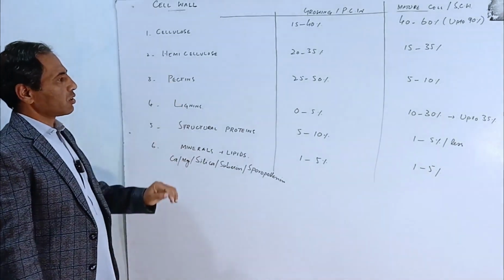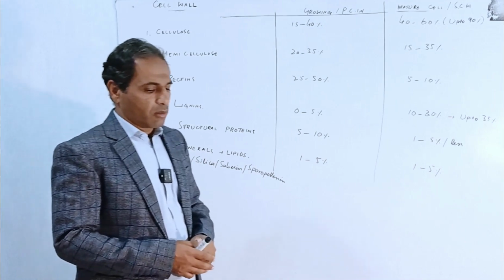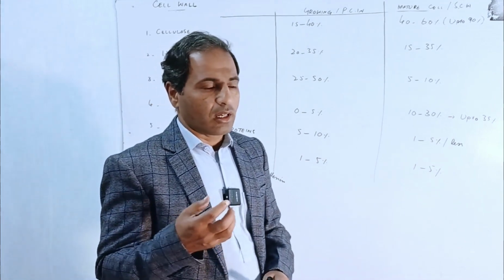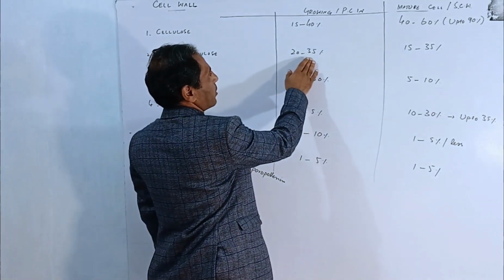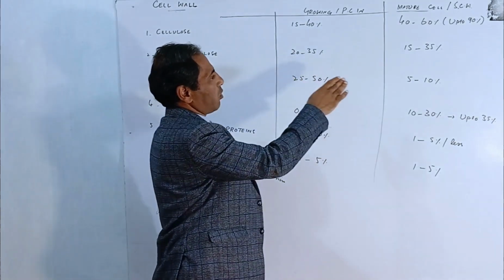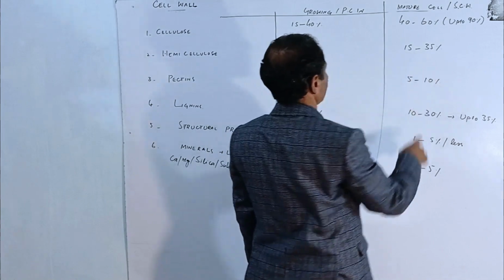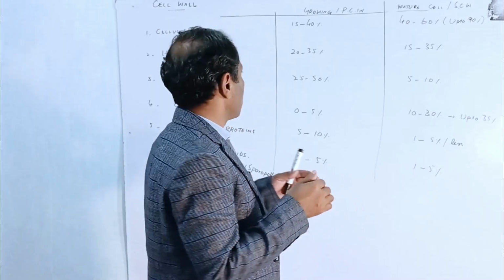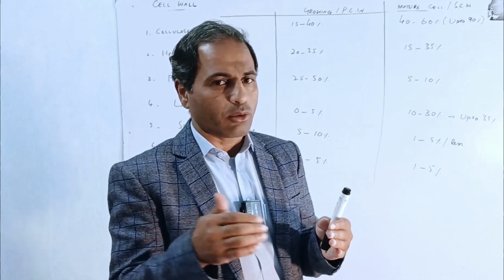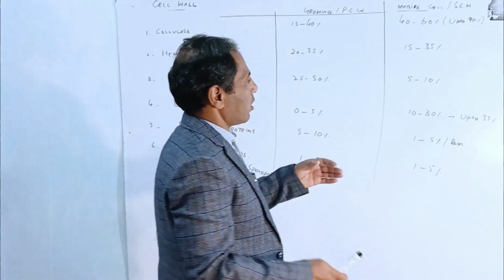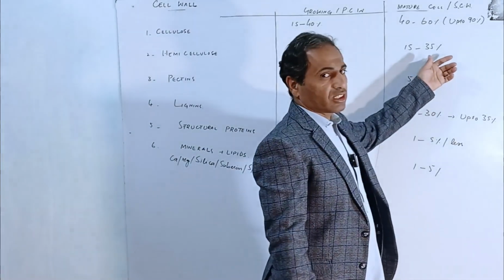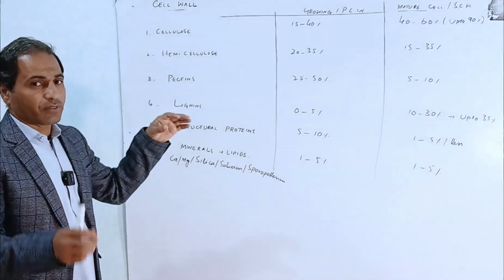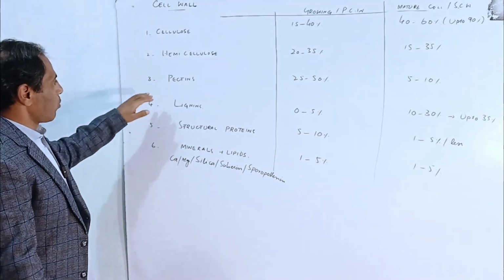Now, hemicellulose is another important polymer, and it could be available in a variety of different forms. It contains 20 to 35% in the primary cell wall and 15 to 35% in the secondary cell wall. Its function is to attach to the surface of cellulose, giving extra strength or mechanical support to the microfibrillar framework of the cell wall.